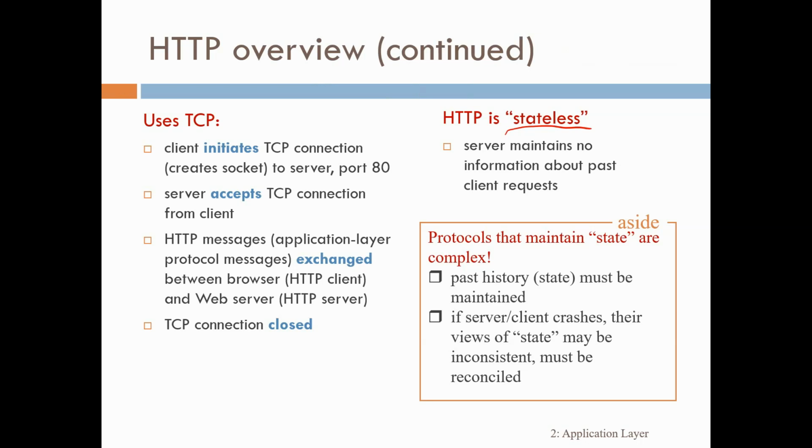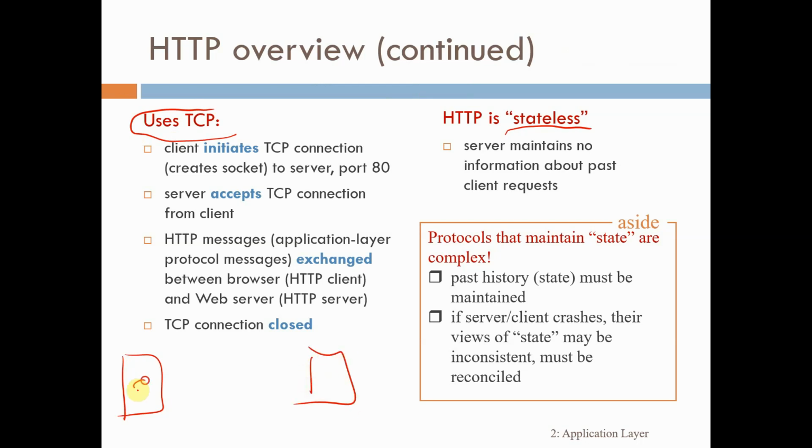Now, because HTTP requires reliable data transport, you never actually download a web page that has errors. You might not have a good connection and you will not be able to download the web page at all, but you would never download it with errors. Because of that, HTTP uses TCP as the transport layer protocol. That means before you can send the HTTP request, you have to establish a TCP connection between client and server first.